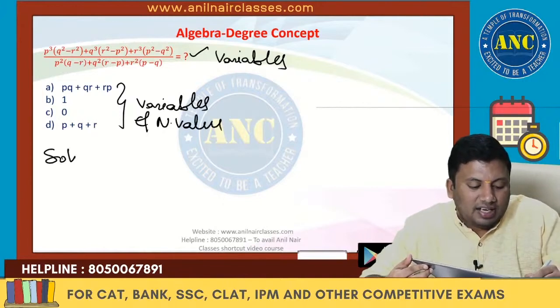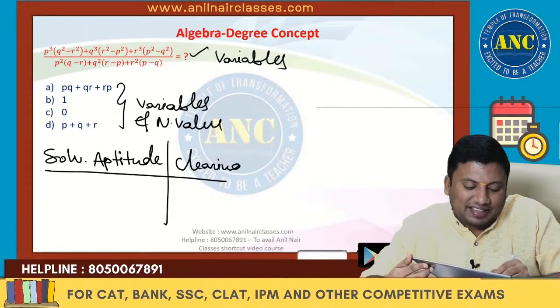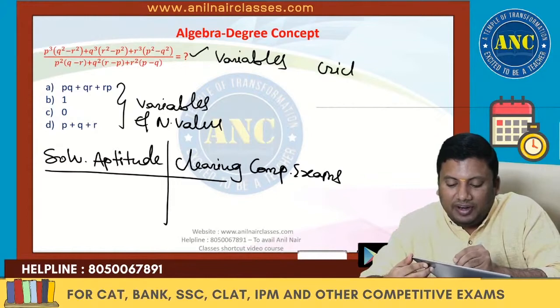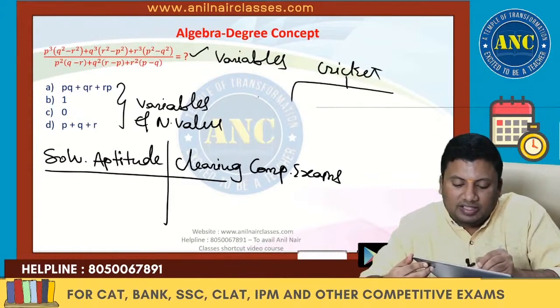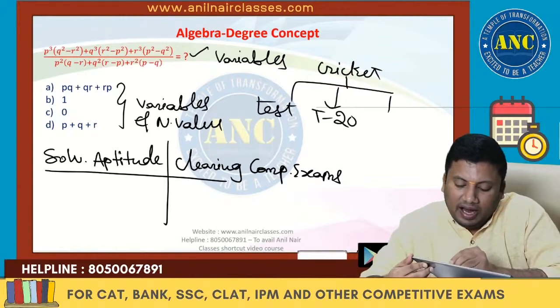Solving maths is different, sir. Solving aptitude is different. Clearing competitive examinations is different. It is like you know how to play cricket, but there is a difference in the way somebody plays a test match, T20, and one day.